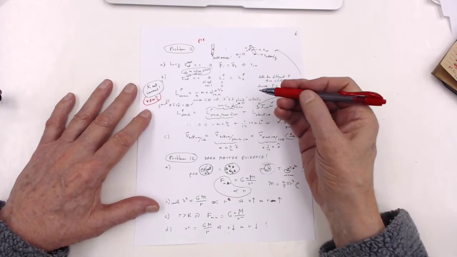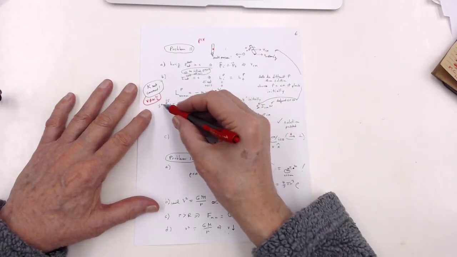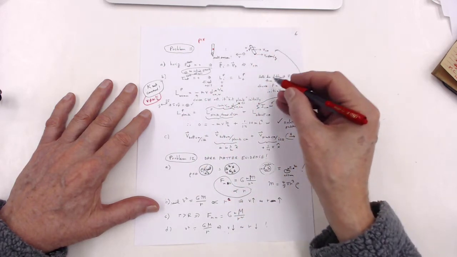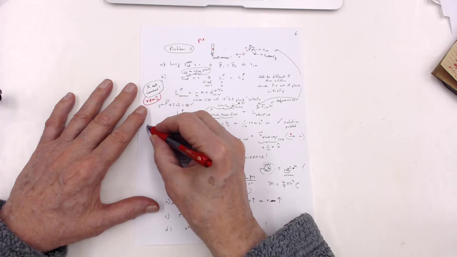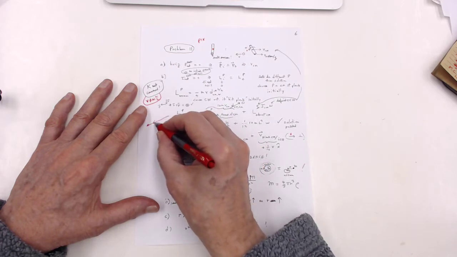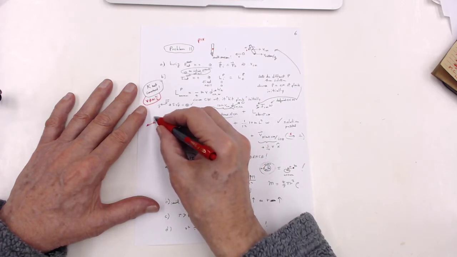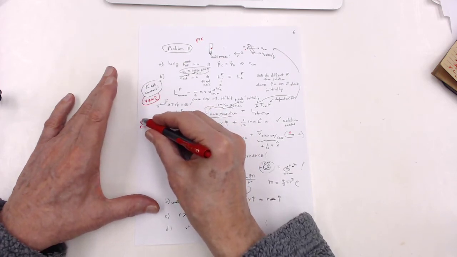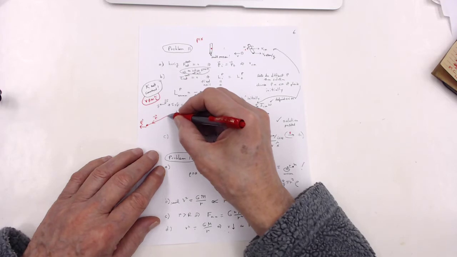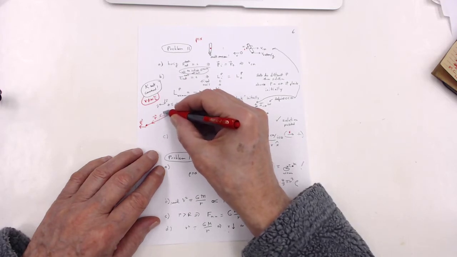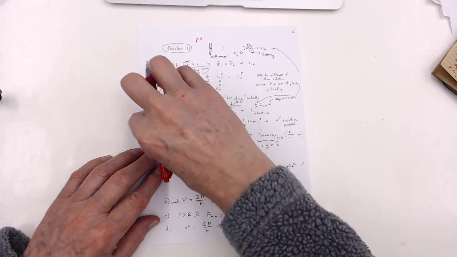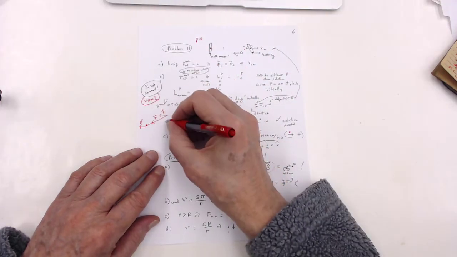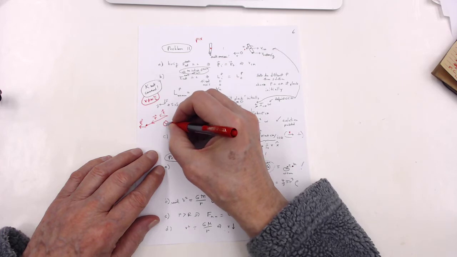That checks with R cross P. I can take R at any point here. Let's say after she's gotten down to here, if I take R cross P, there's my R, and then her P is like that. If I put the P up here so I can see it more easily and turn from R to P, it goes into the paper.